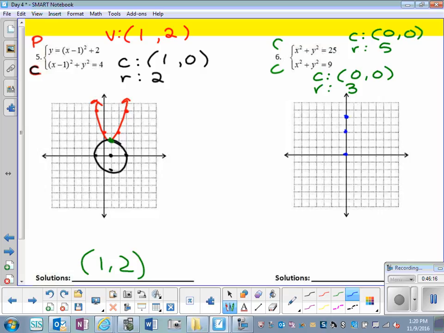They don't touch. Why? Because one of them is bigger than the other. No solutions for this because you have a circle inside another circle with the same center. They're never going to touch, right?